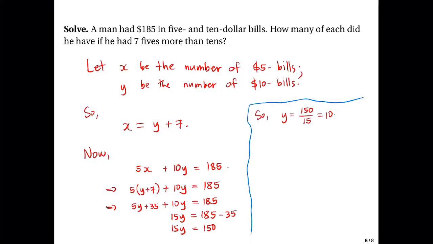And that's the number of $10 bills. Therefore, the man had 10 $10 bills, and for the $5 bills, you have 10 plus 7, and that's 17 $5 bills. And that's our final answer.